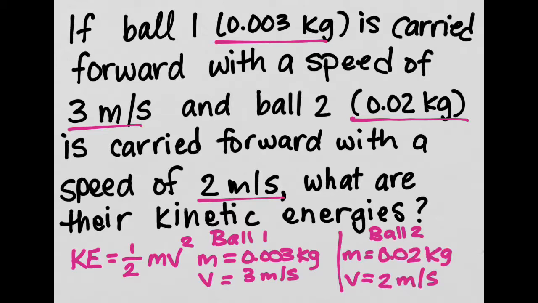And from this question, I know that the mass of ball 2 is 0.002 kilograms, and velocity is 2 meters per second. I'm going to carry this information over into my next slide.